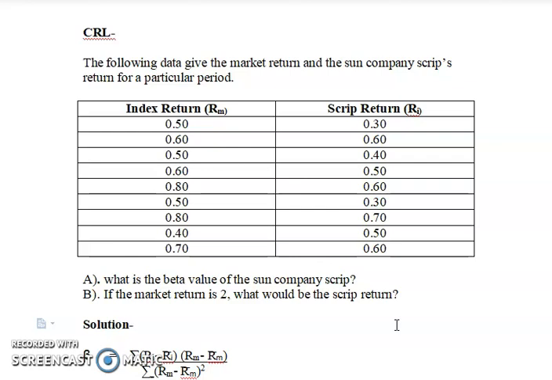It's good, but we should also think about the other side of the coin. If there is a decline of 10% in the market return, the stock with a beta of 2 would give a negative return of 20%. So stocks with beta values of more than 1 are very, very risky, right?